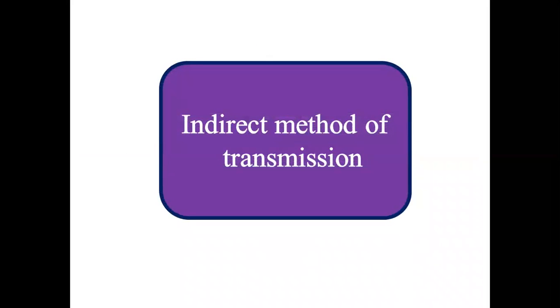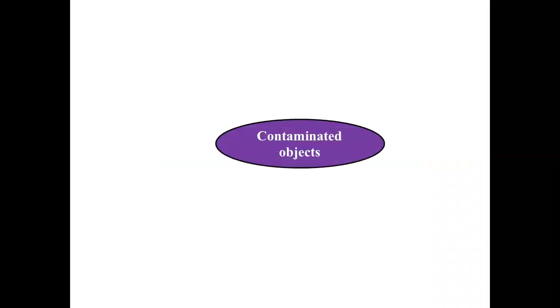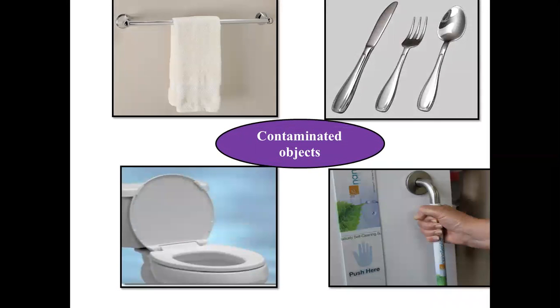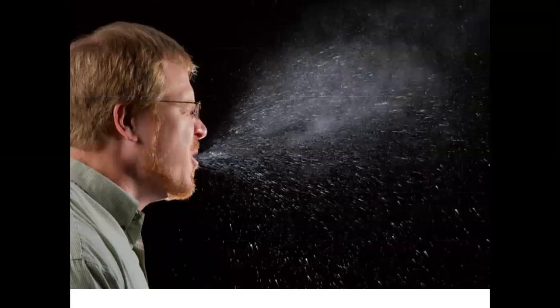Next, the indirect method of transmission. When you talk about this, contaminated objects like utensils used by the infected person, or toilets used by the infected person, napkins, towels, or a door handle touched by the infected person. When you come in contact, definitely you may suffer from the disease.